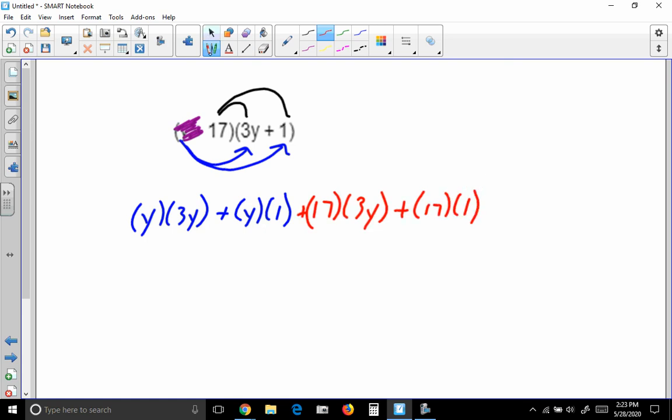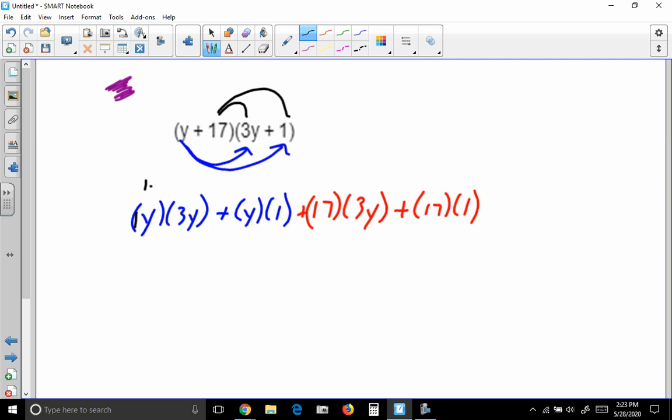So however many terms we started with here, the first term gets distributed to that second parenthesis, y times 3y and a 1, and 17 gets distributed to the 3y and to the 1. Now we just need to perform these operations and combine like terms. So here we have an understood 1 times 3.